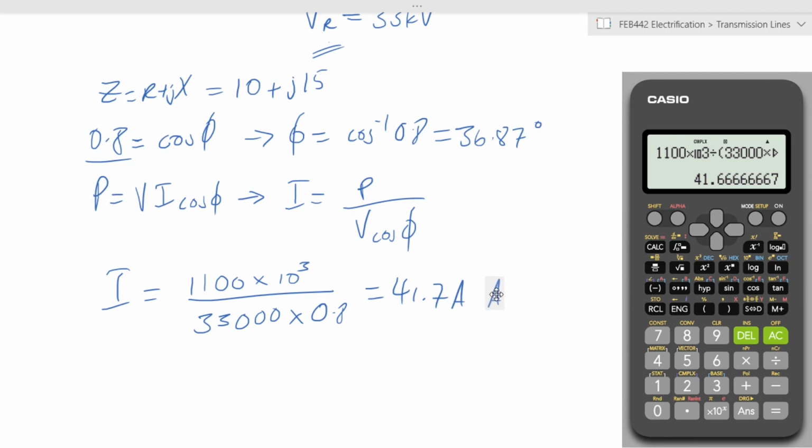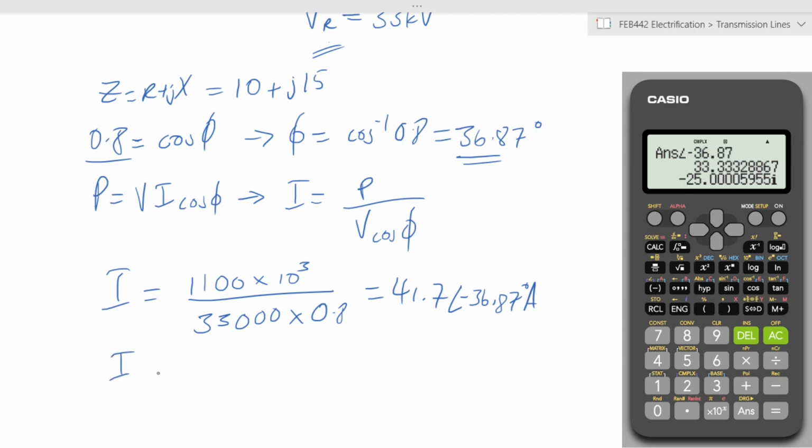So it is not just 41.7 amps, it is 41.7 amps at an angle of negative 36.87 degrees. Okay, we have to take into consideration that power factor, otherwise it won't add up.